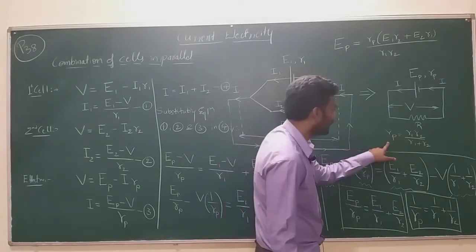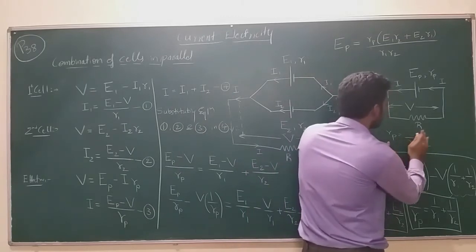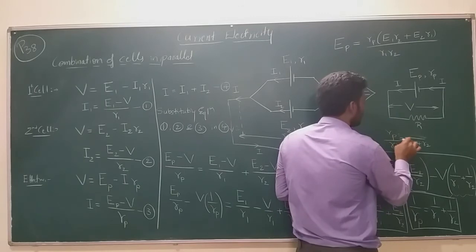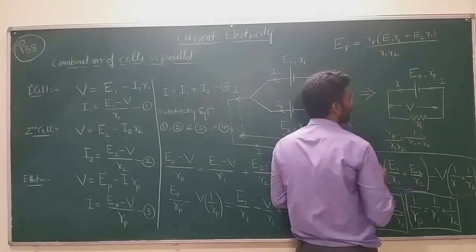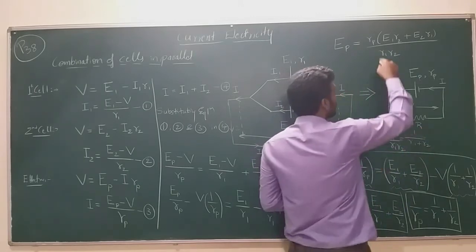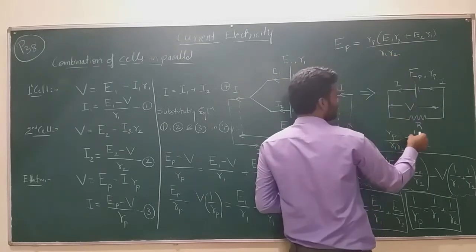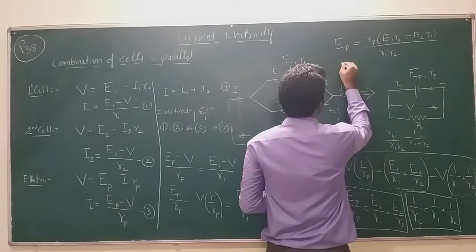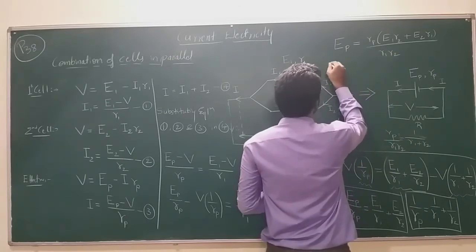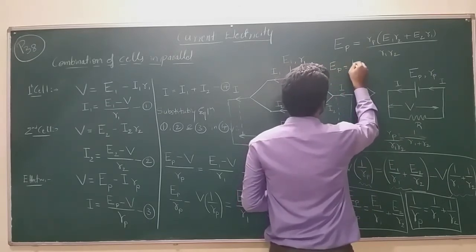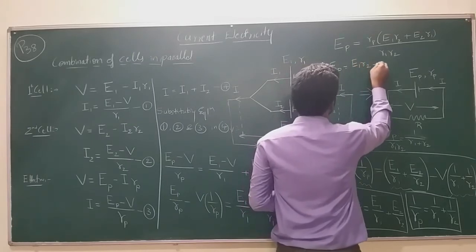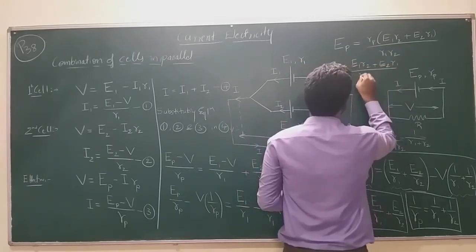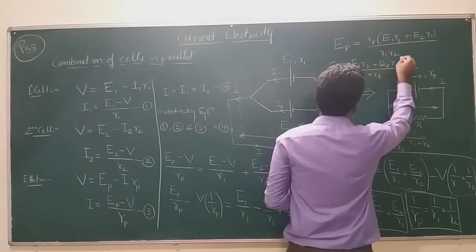If you send R1 R2 here, you will have Rp by R1 R2 is equal to 1 by R1 plus R2, right? So, I can replace Rp by R1 R2 by 1 by R1 plus R2, and hence I get EP is equal to E1 R2 plus E2 R1 divided by R1 plus R2.